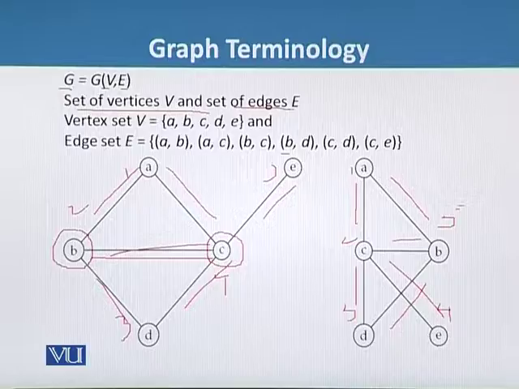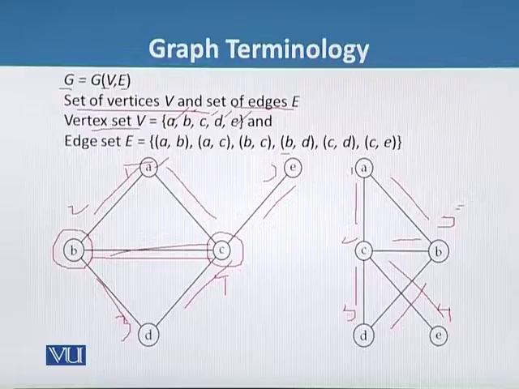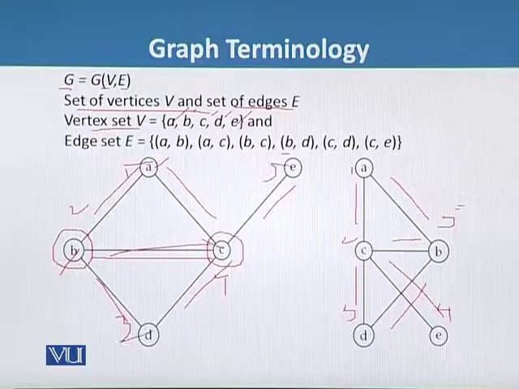The graph in this diagram is described by the vertex set V, so we can define it as {A, B, C, D, E}, because these are the vertices. We have already seen that A is the first vertex, B is the second, C is the third, and D and E are the fourth and fifth vertices.